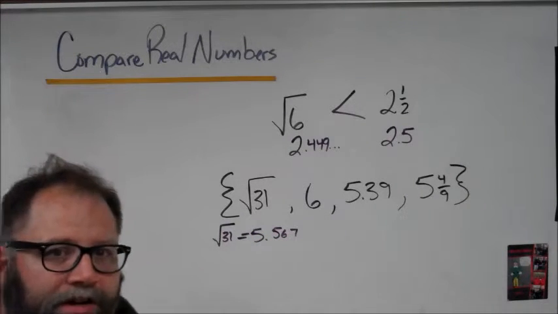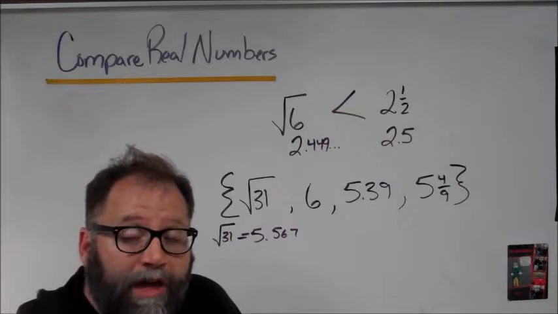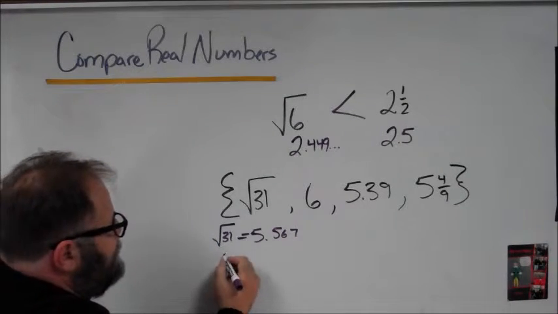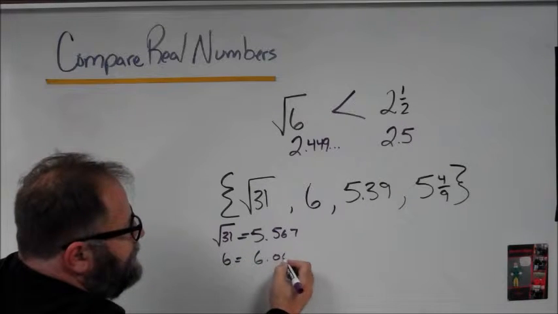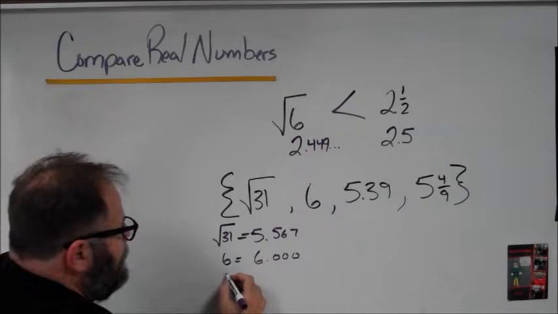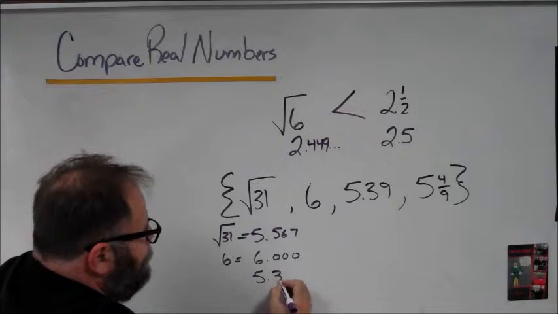I'm going to stop there because I'm just going to go to the thousandths place and see if we can compare it that way. Then I've got 6, and we know 6 is 6.000. Then I've got 5.39, and that's just going to be written as 5.39.